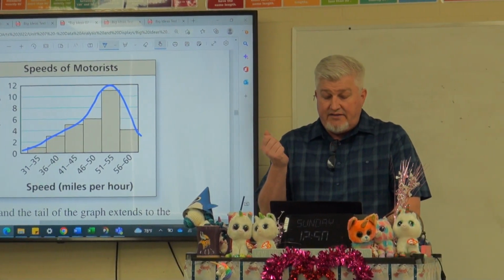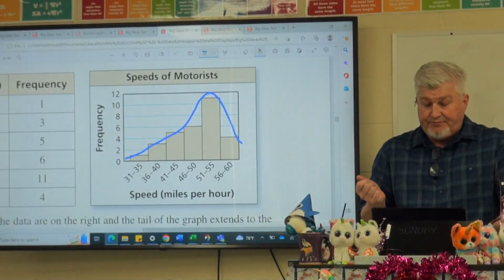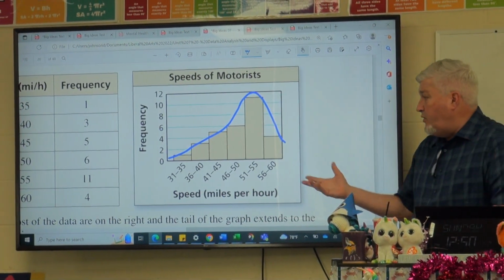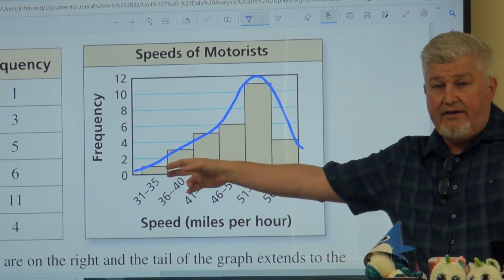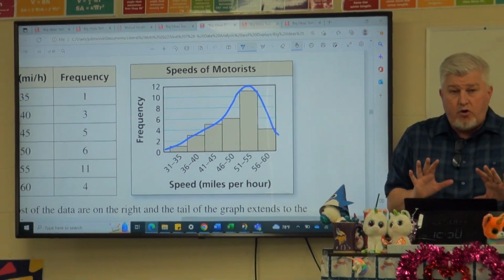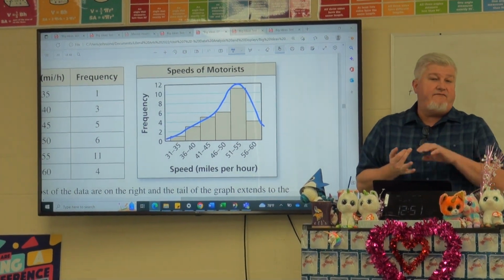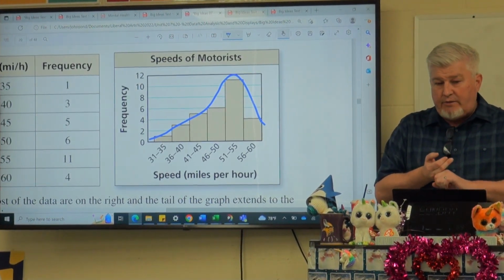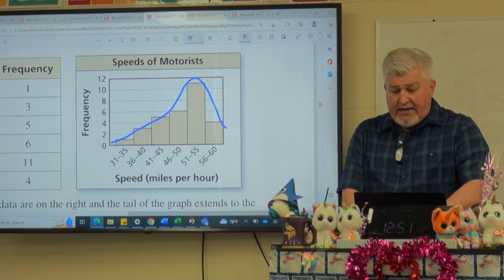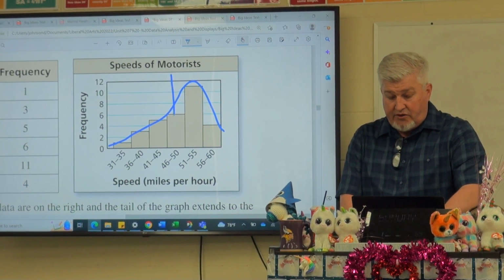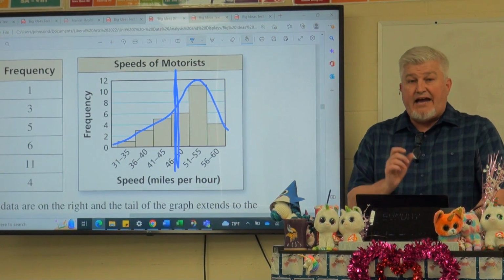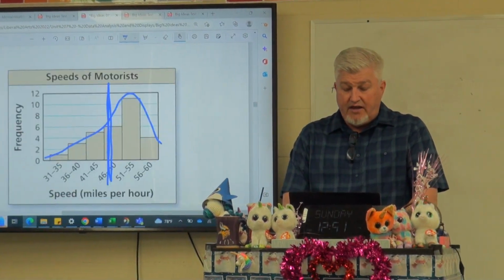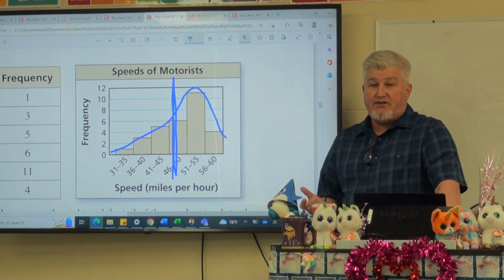Hopefully, clearly you can see this is skewed to the left. The tail's longer at the left-hand side. So if it is skewed, we use median and our 5-number summary to determine this best data. So our median is going to be somewhere right in this zone right here, 46 to 50.